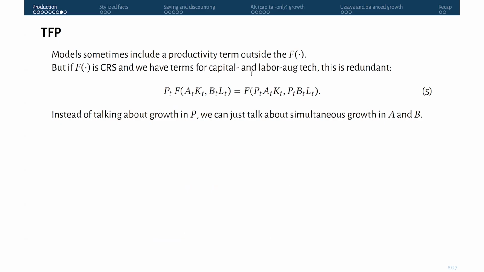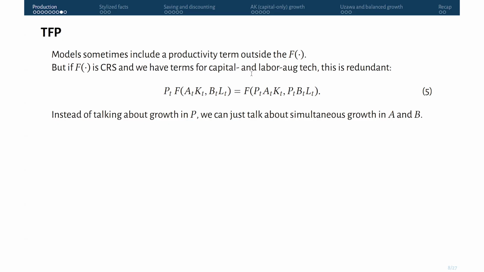Another kind of technology, an even simpler kind, sometimes introduced, is total factor productivity, or TFP. This is just a coefficient on the whole production function rather than on one factor or the other. But if the production function is constant returns to scale, and we've already introduced terms for capital and labor augmenting technology, having a TFP term as well, a P as I'll denote it, is redundant.